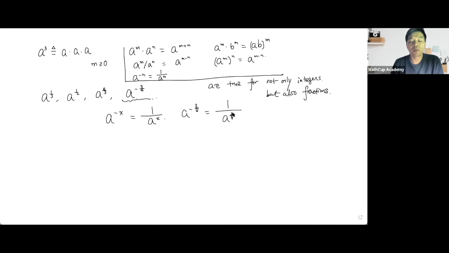So it's still the reciprocal. So as long as we know what a to the 3/4 means, we know what the value of a to the negative 3/4 is.